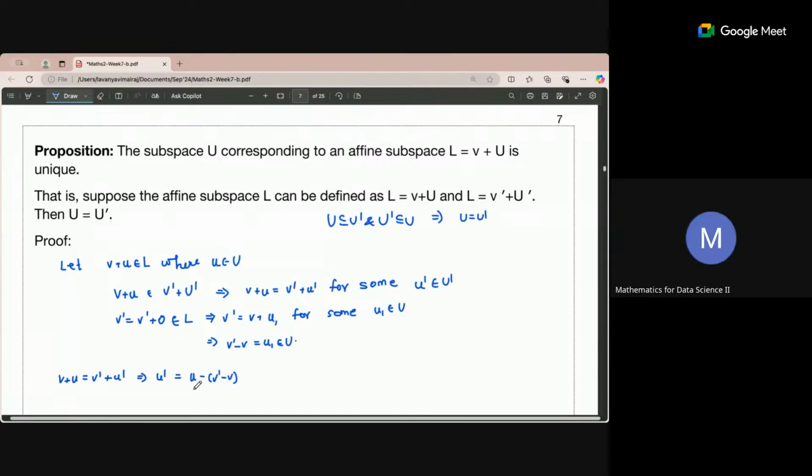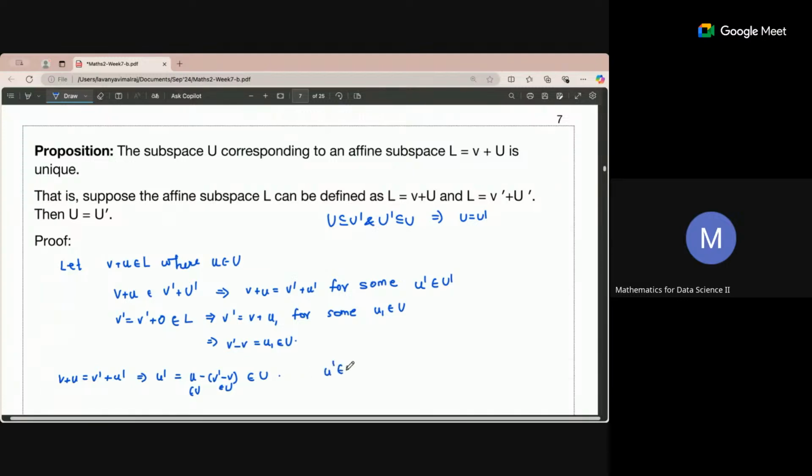Now you know that this is an element of U, and from here you know that this is also an element of U. So you started with U dash as an element of U dash, and then you proved that U dash belongs to U. So what does that mean?